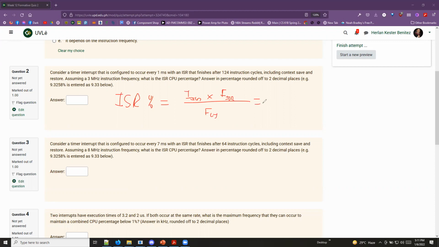So, our instruction cycles is 124. Our frequency is once every 1 millisecond, so the frequency is 1 over 1 ms, or 1 kilohertz. And our instruction frequency is 3 megahertz.